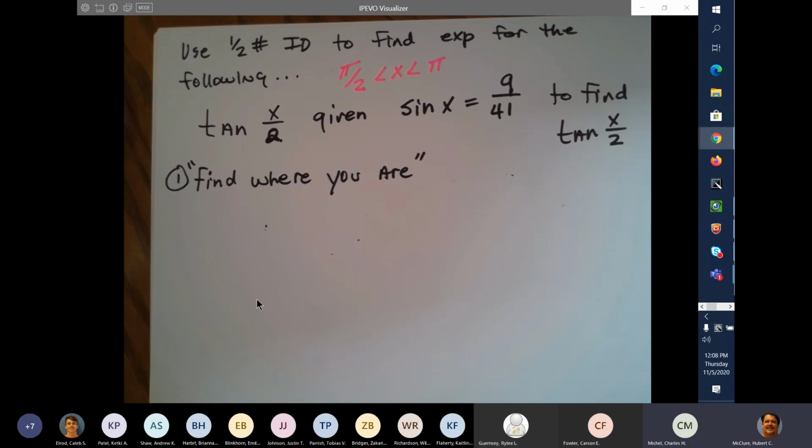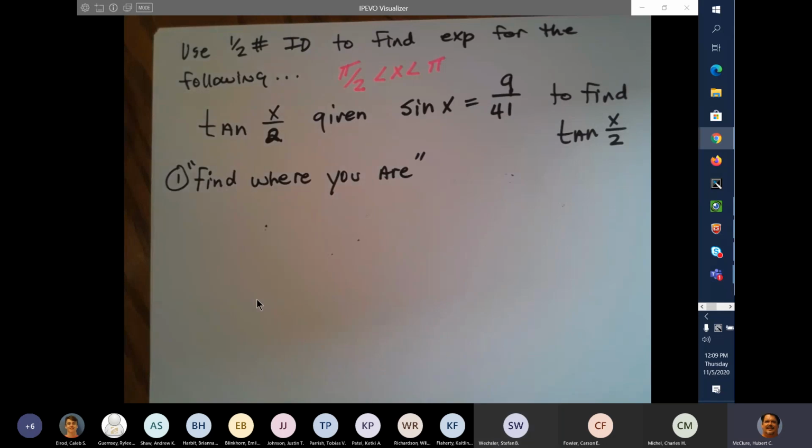Somebody tell me, what do you go to find out where you are? The cheat sheet. No, not yet. You draw a triangle. Draw a triangle. Okay, keep going. Off the unit circle. Okay, yeah, but what in the question? It gives you sine of x right here.